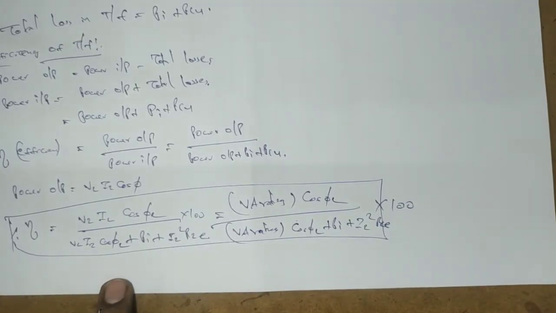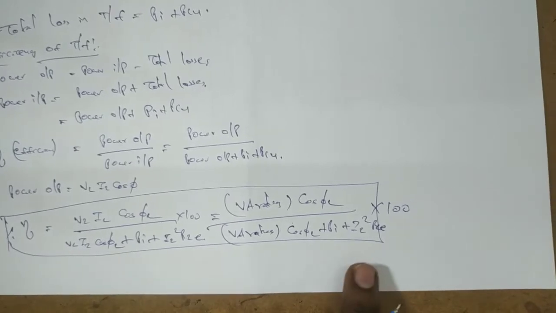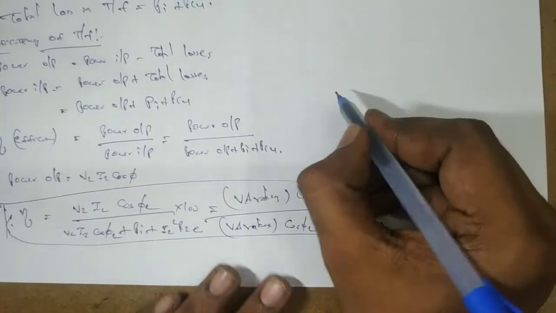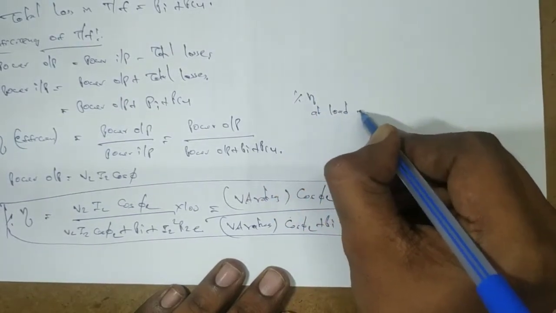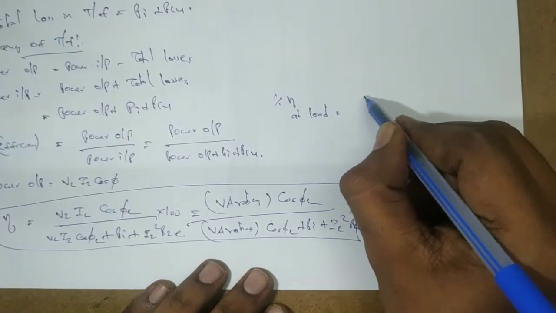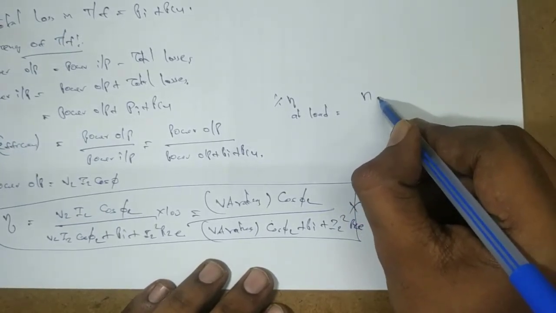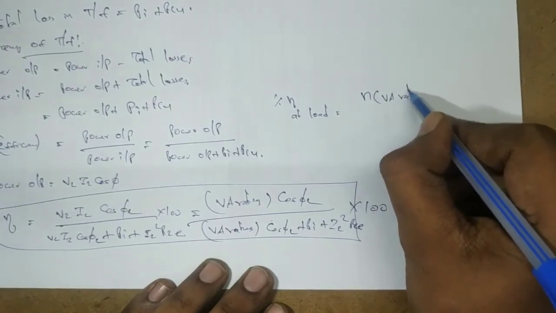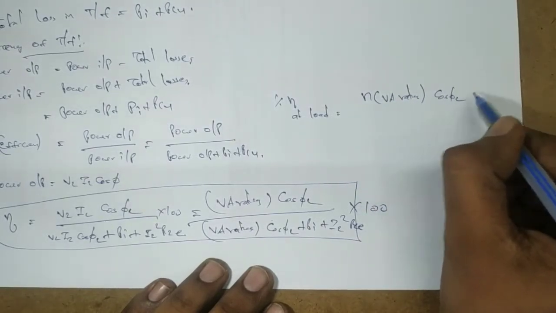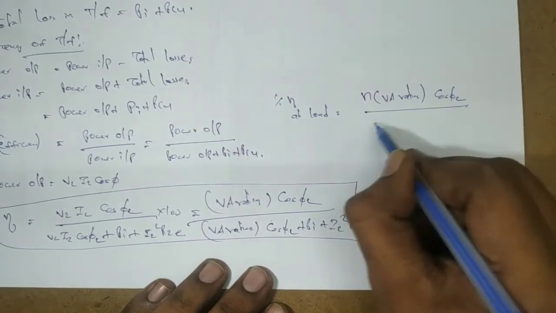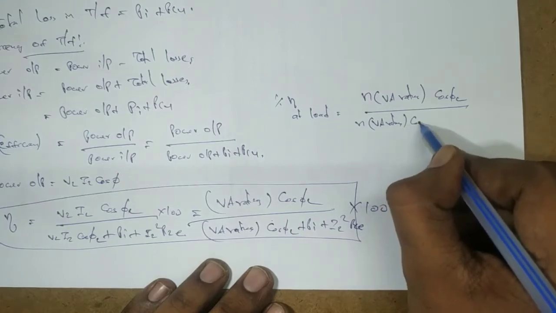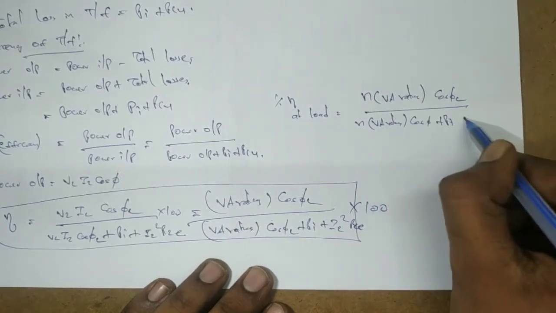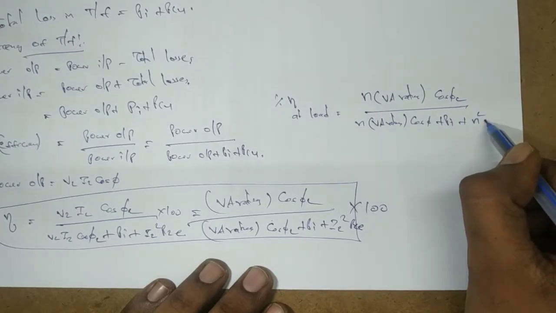And the same efficiency formula, which is at full load, can also be found at a fraction of load. The efficiency at some fraction of load, it may be 1/4 load or 1.5 load or any load, is given by n into VA rating cos phi 2, where n is the fraction of the load, it may be 1/4, 1/2, 3/4, divided by n into VA rating into cos phi 2 plus Pi plus n square into I2 square R2E.